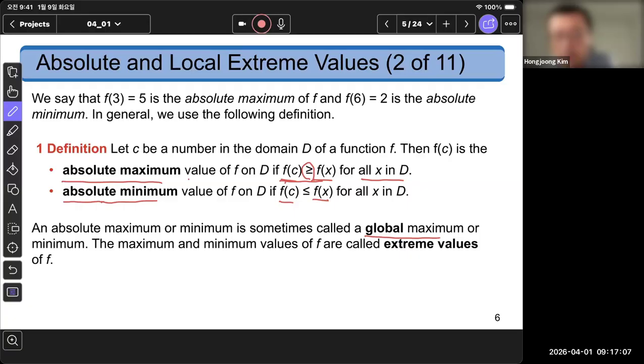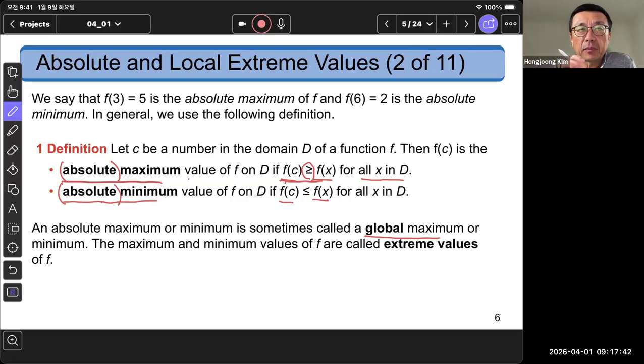Sometimes if the context is clear, then you may omit this absolute, and we just say f(c) is a maximum if that f(c) is the largest value. And if f(c) is the smallest value, then we say f(c) is the absolute minimum or global minimum or just simply minimum.